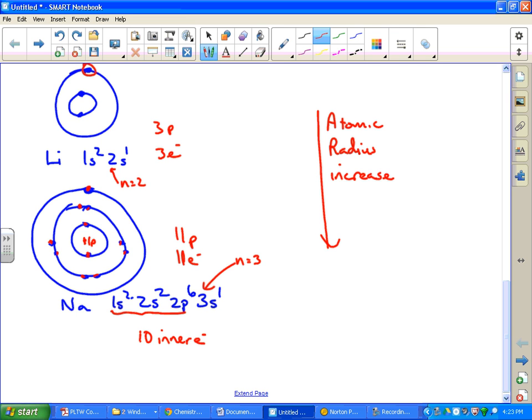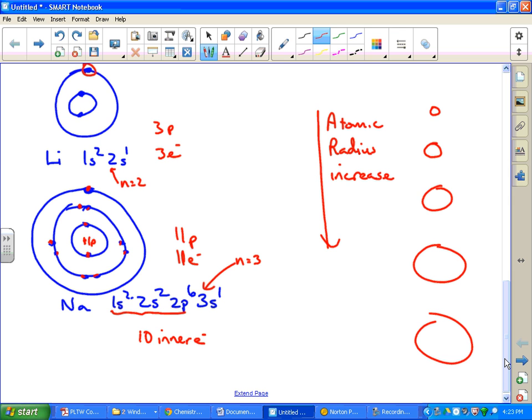And that is because shielding increases down the group, and the valence electrons are in a higher principal quantum number. So there's more inner core electrons, and that valence electron is more shielded.